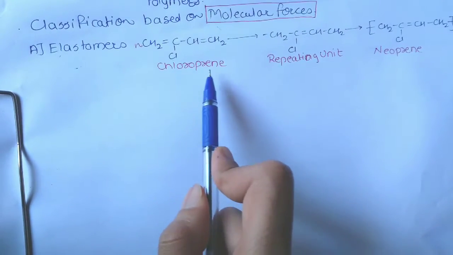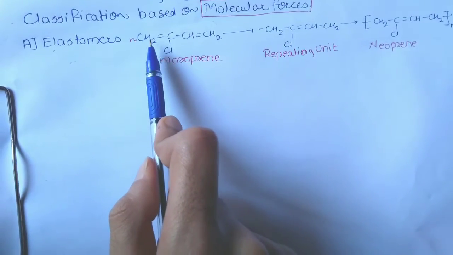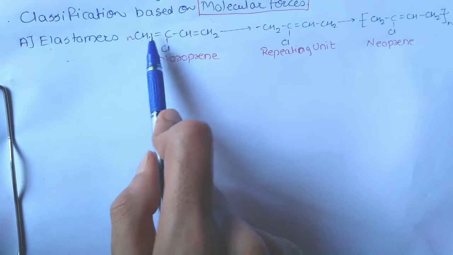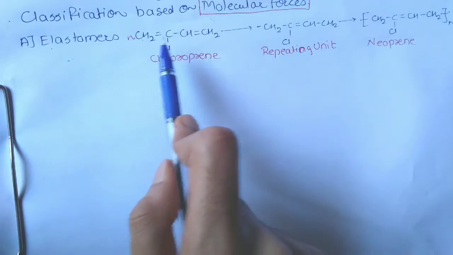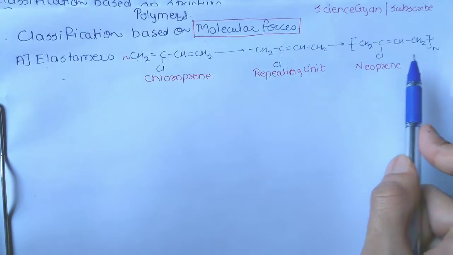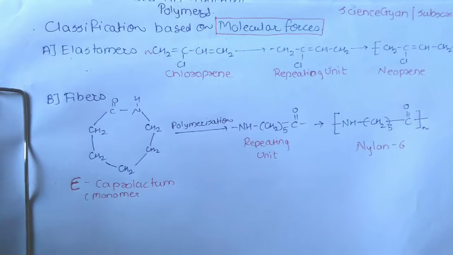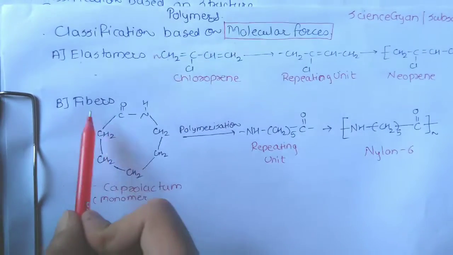When chloroprene is polymerized, the same procedure is followed. The double bond between two carbons is broken. We will get repeat units, and then we will get neoprene rubber. Now we will see fibers.